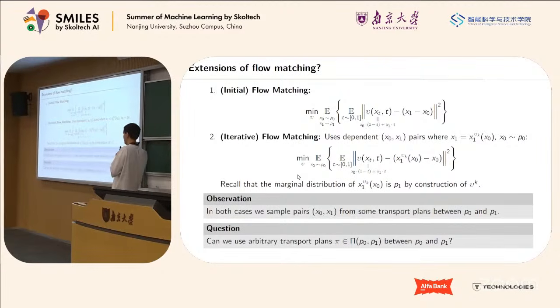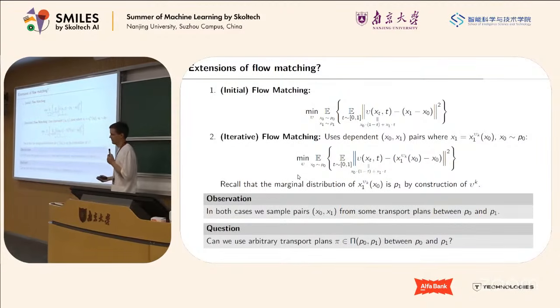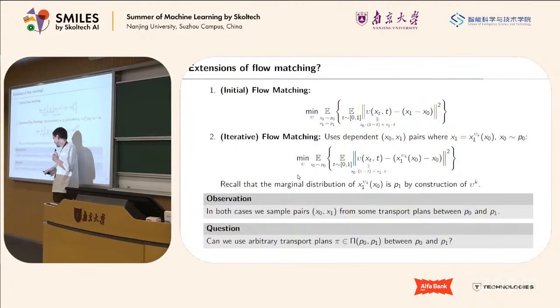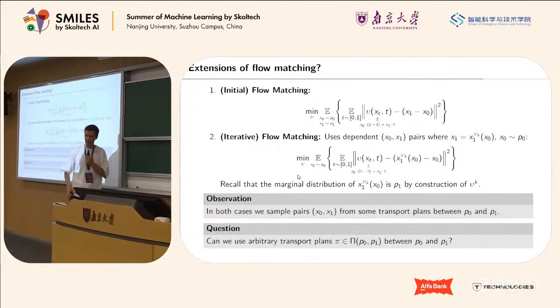And the answer is very simple. To train a flow matching model, we can take any dependence between pairs x0 and x1 in the input and target distributions. In mathematical language, this is usually called a coupling or transport plan between two probability distributions.